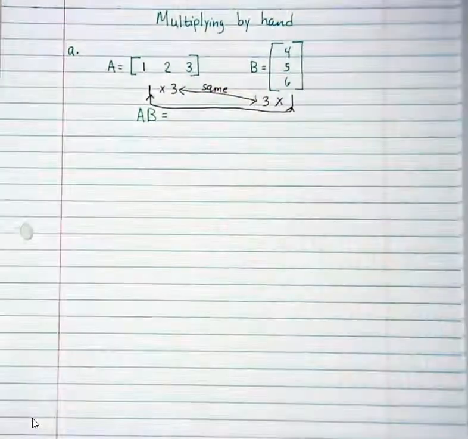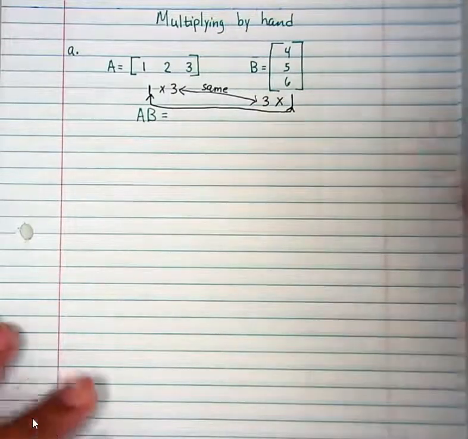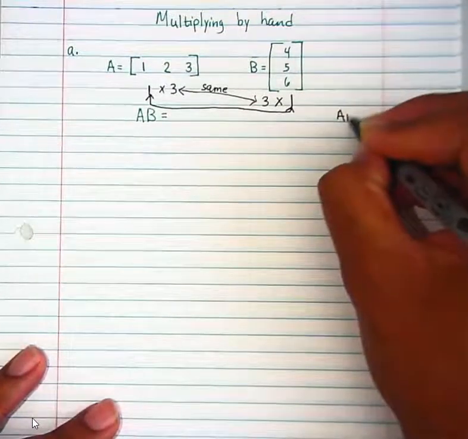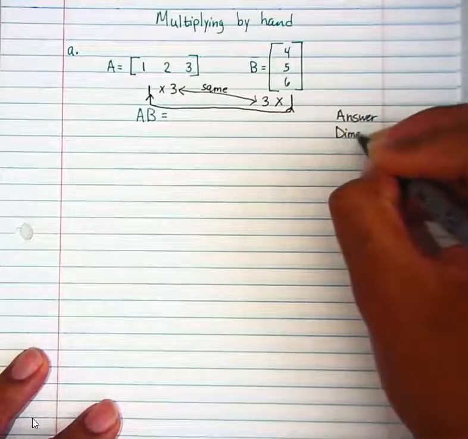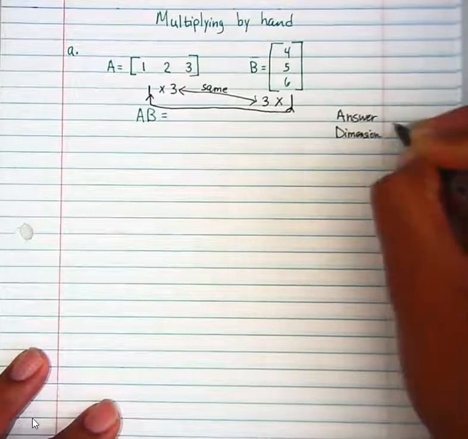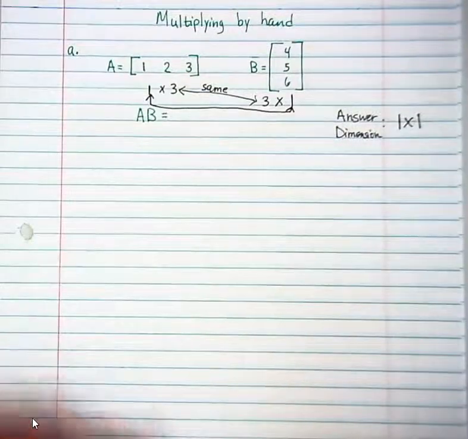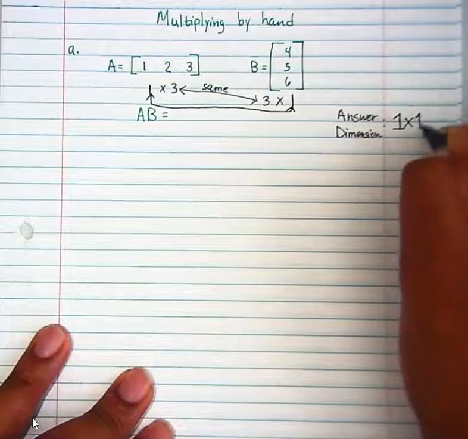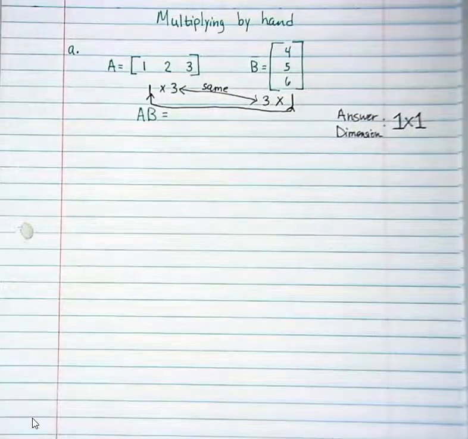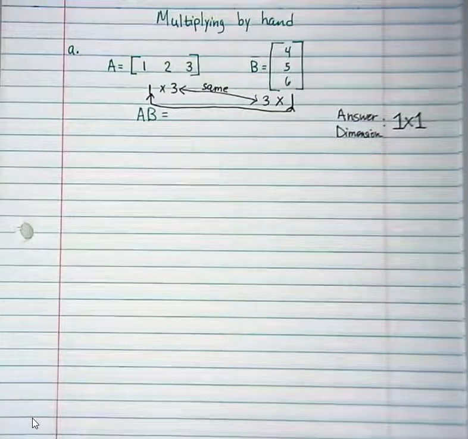So the dimensions for our answer matrix is going to be a 1 by 1. Let me write it like this so it doesn't look like absolute value bars. So it's a 1 by 1. When we actually do this problem, our final answer should be a 1 by 1 matrix.